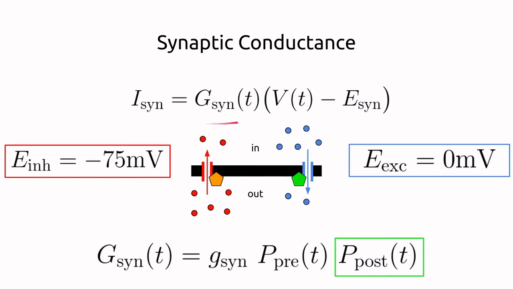And then it is dependent on the difference between the membrane voltage, membrane potential, and what we're going to call a reversal potential for the synapse. Now, we're not going to get down into the nitty-gritty of modeling exactly every ion channel in the synapse, but because ultimately the activity of this current is dependent on ion channels, it's valid conceptually to think of a reversal potential for a synapse.